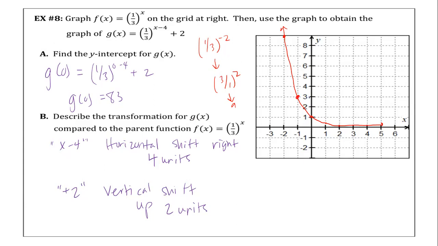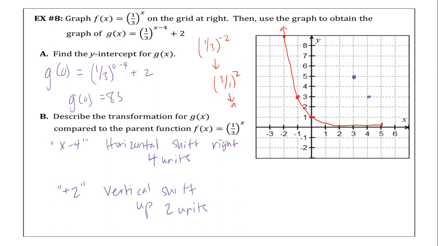So we're going to go 1, 2, 3, 4, up 1, 2. Same thing here. We're going to take this point and shift it right 4 and up 2. 1, 2, 3, 4, up 2, 1, 2. And then we're going to shift the same with all these points.